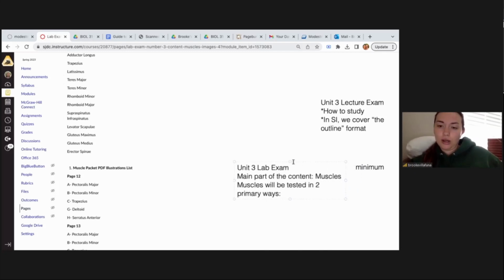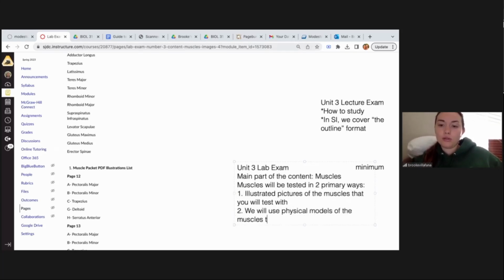I'm trying to explain this as simply as possible. One, we will have illustrated pictures of the muscles that you will test with. And two, we will use physical models of the muscles that you will test with.